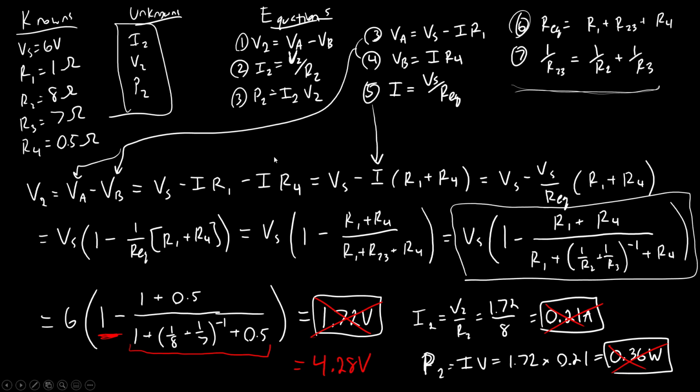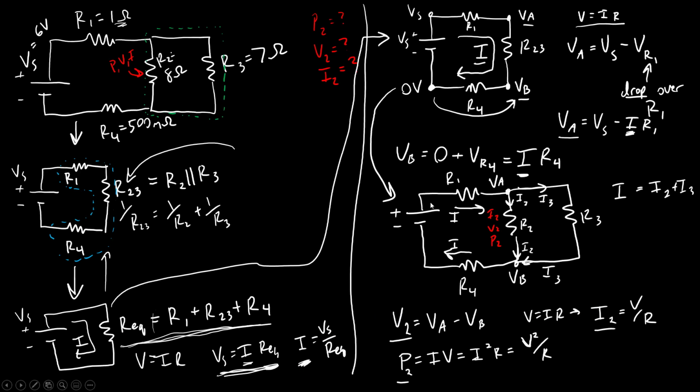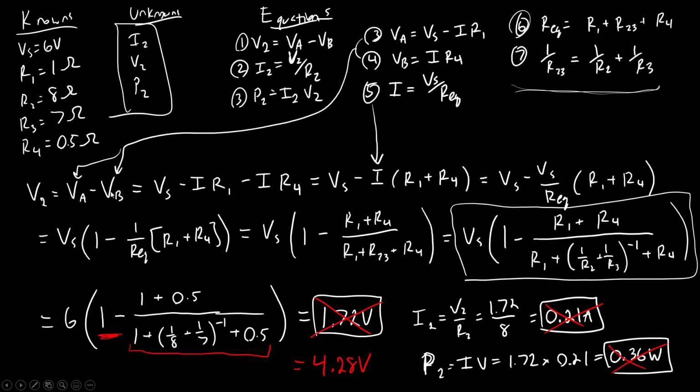Now, you might have noticed or developed the feeling that all of this was kind of a pain for what initially seemed like a very simple circuit. It did require slogging through a lot of step-by-step algebra. We can get around that if you know linear algebra with two different techniques called mesh and node analysis that allow you to solve a system of equations that describe the entire circuit and then use either a graphing calculator or MATLAB or anything else that can do matrix algebra to solve for all of your unknown variables of interest at once instead of slogging through line by line and doing a bunch of algebra by hand like this.